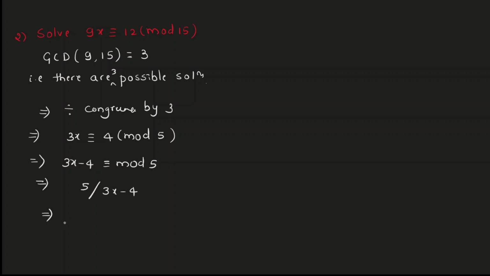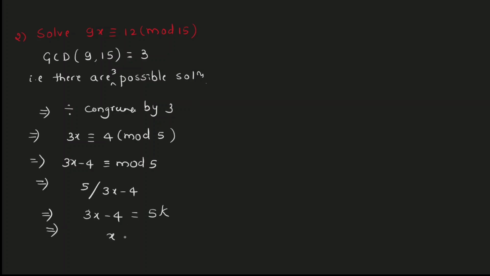What I want is x. So 3x minus 4 is equal to 0 mod 5. You can write it as 3x minus 4 can be expressed as a multiple of 5, say 5k. Instead of following those rules, you can write it in this way.